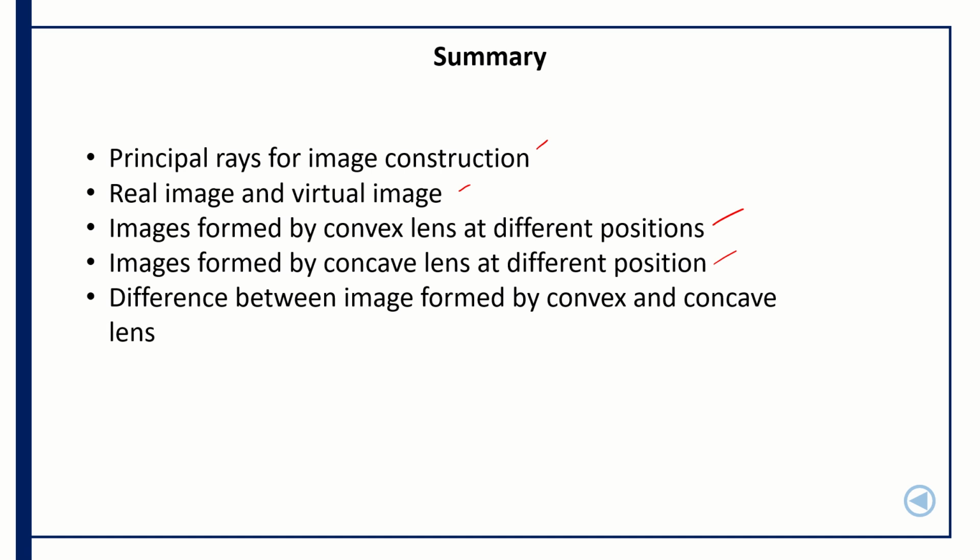We learnt about the difference between the images formed by a convex and a concave lens. With this, we'll conclude this session, and in the next session, we are going to learn about the lens formula and magnification.